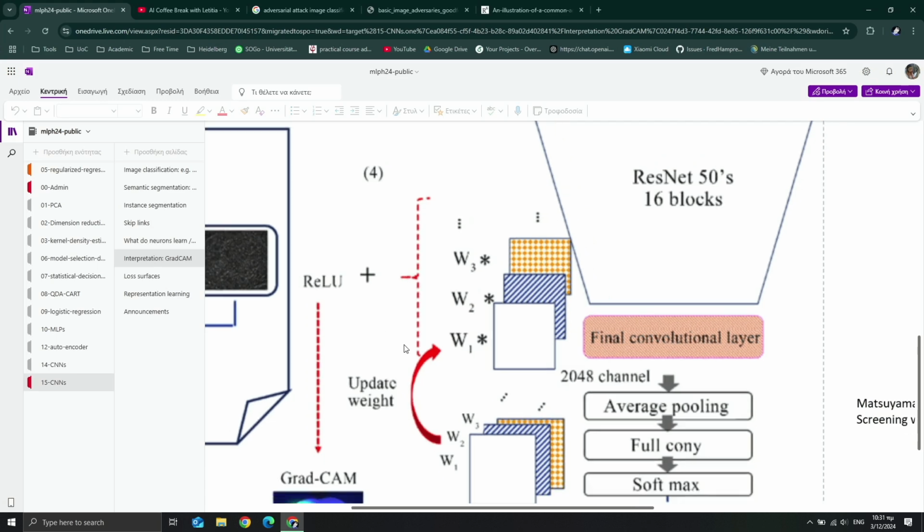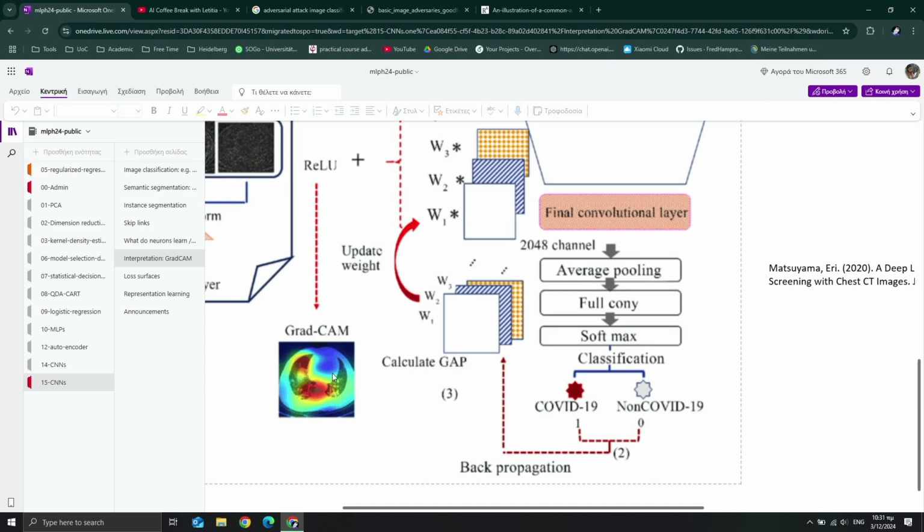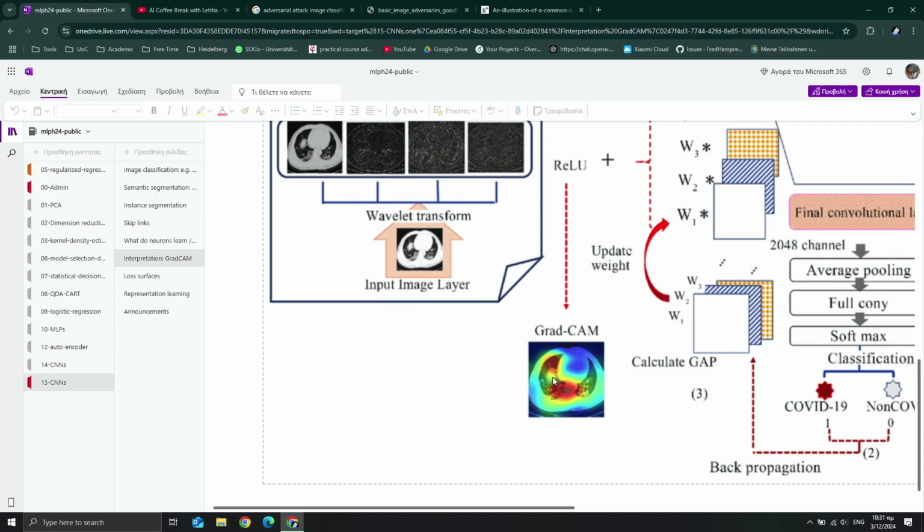And miraculously, overall, we get something that seems to be informative. This GradCAM procedure is not something you can derive from first principles. It's not the only way to do it. It's not the right way to do it.